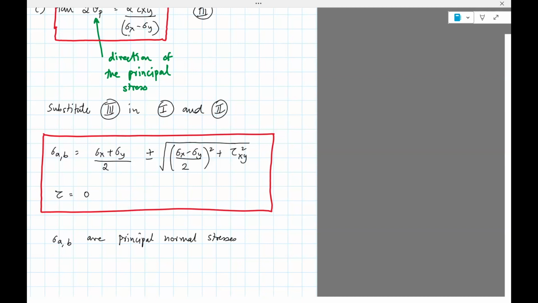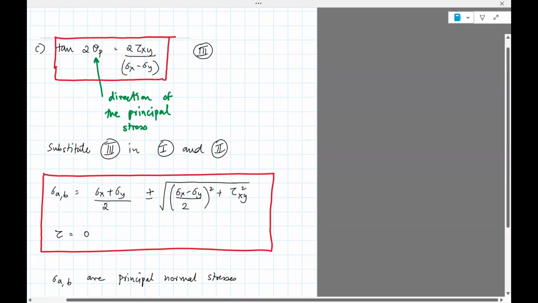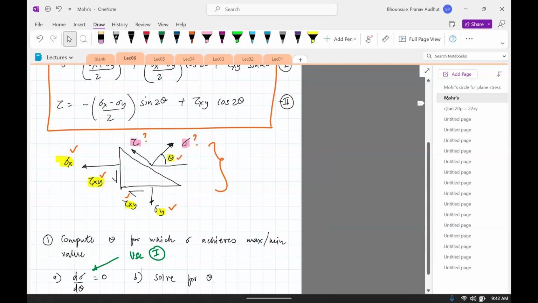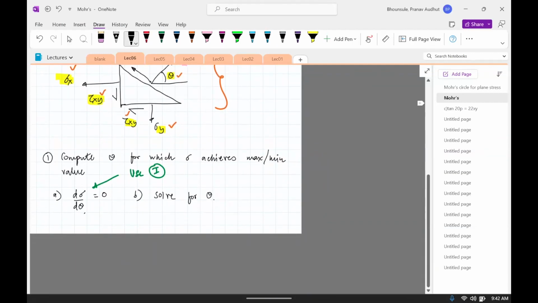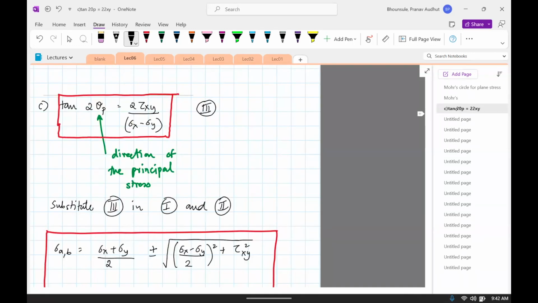Okay, so we've computed the normal stresses. Now let's look at the shear stress, the maximum shear stress. That also can be obtained just like before. So what we did here is we computed the maximum principal stress by doing d sigma d theta equals 0. We'll do the same thing for tau. We'll do d tau d theta equals 0 to compute the maximum principal shear stress.